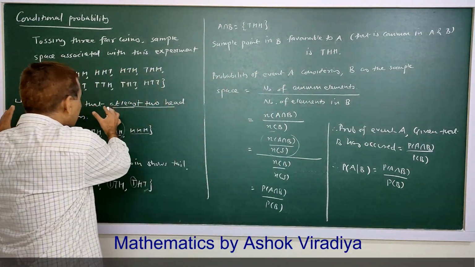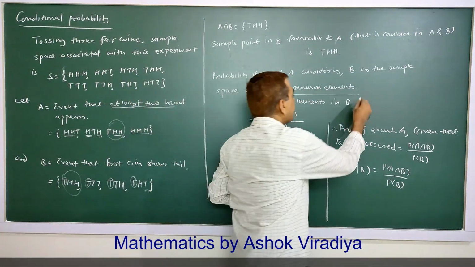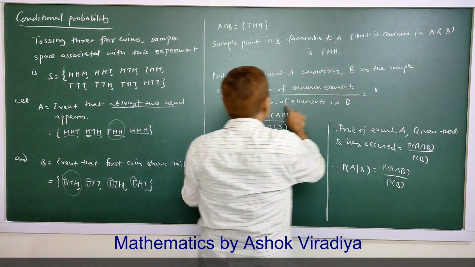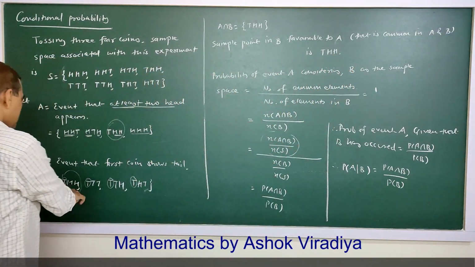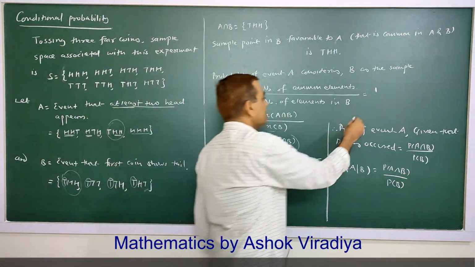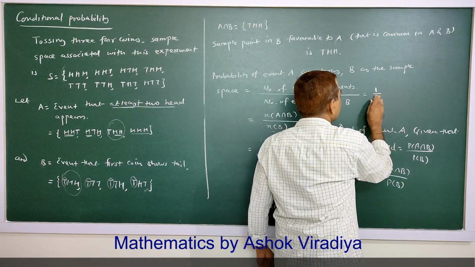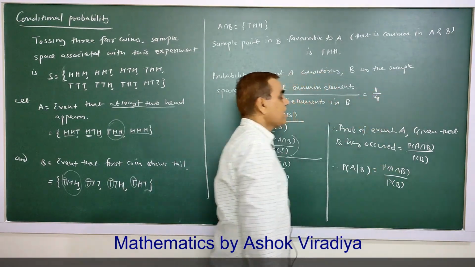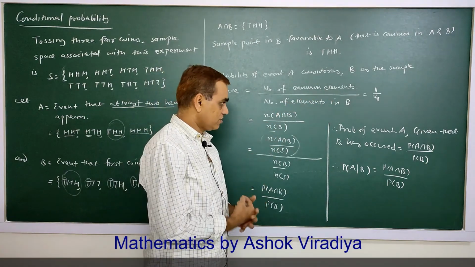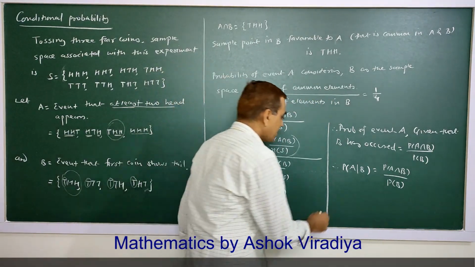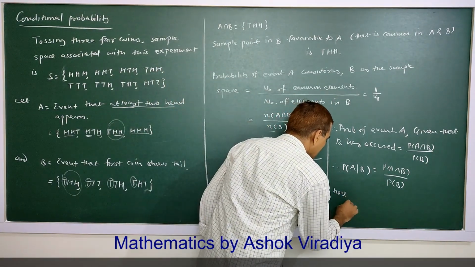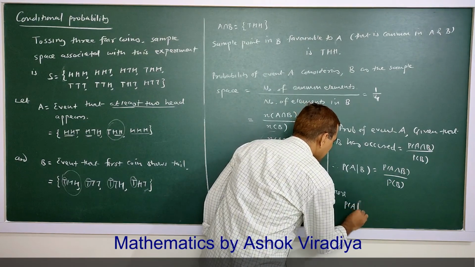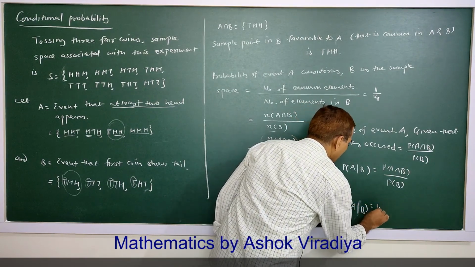So in this example, the number of common elements is 1, and the number of elements in B is 4. So for this example, the value of P of A by B is 1 by 4.